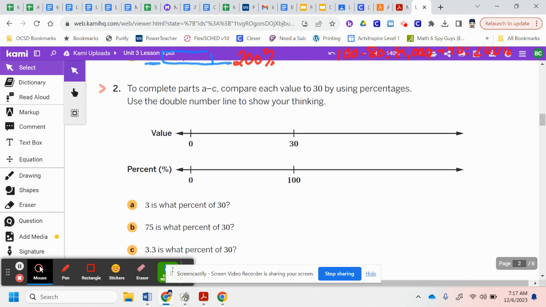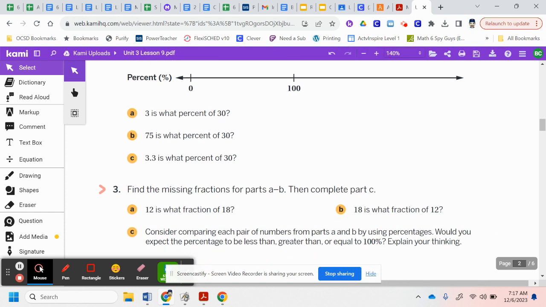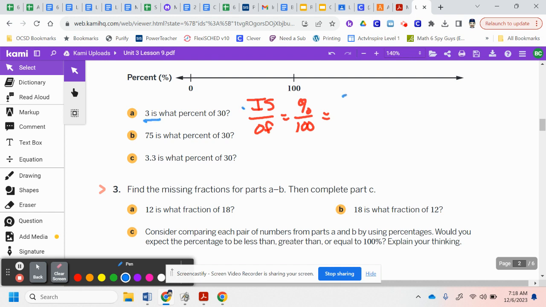If we look at number 2, it's the same thing. Number 2, I'll only do one of this. 3 is what percent of 30? So again, I have my is over of equals the percent over 100. My is, 3 is. So my is up here is 3. What percent of 30? 30 is my of. It's that bottom number.